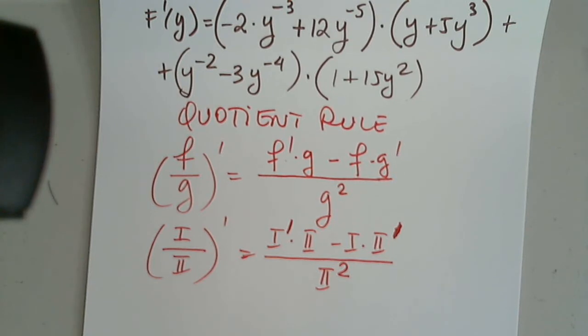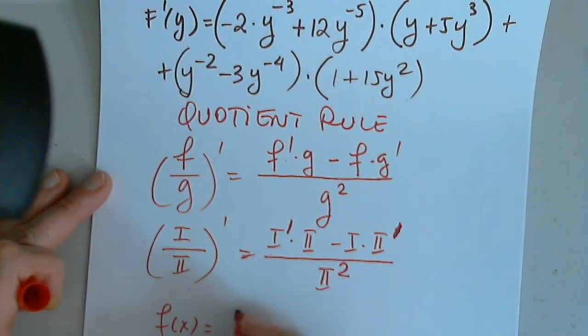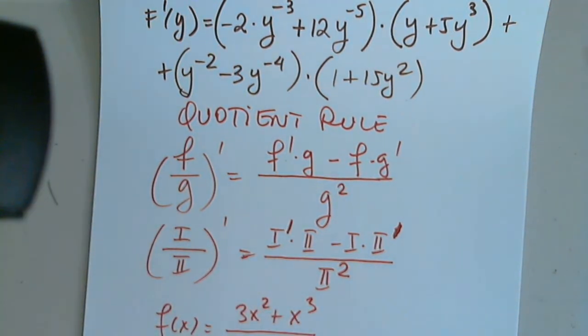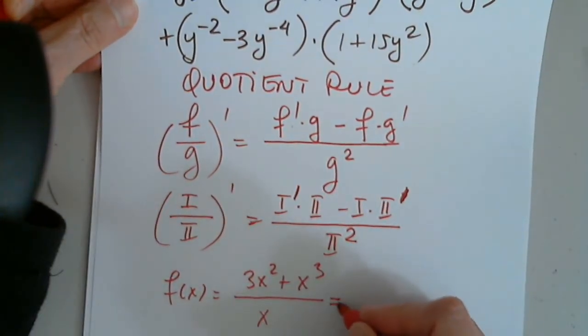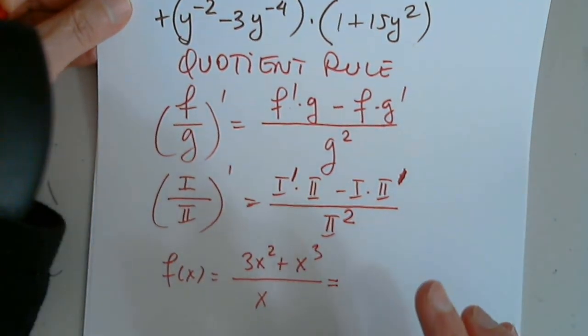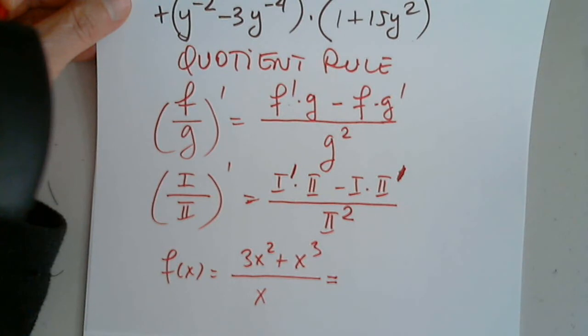23 is good. 23 is f of x equals 3x squared plus x cubed, and that's all over x. Very good. However, this is a perfect example. Thank you for choosing this.